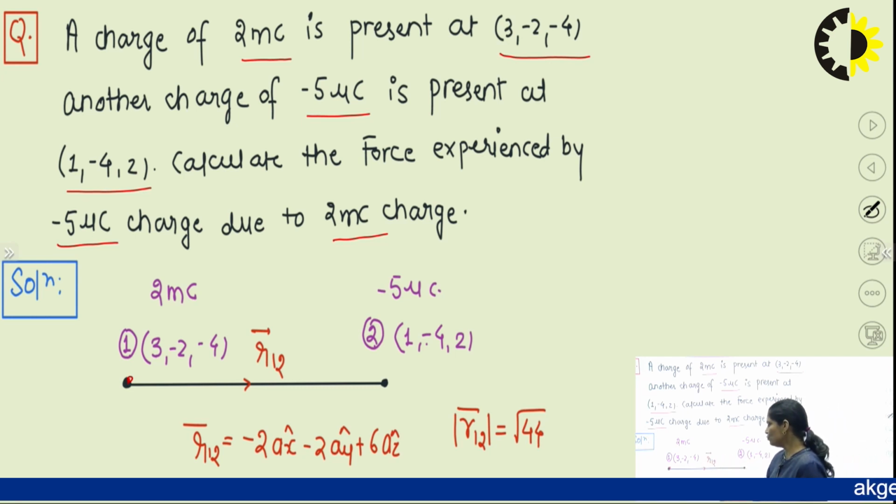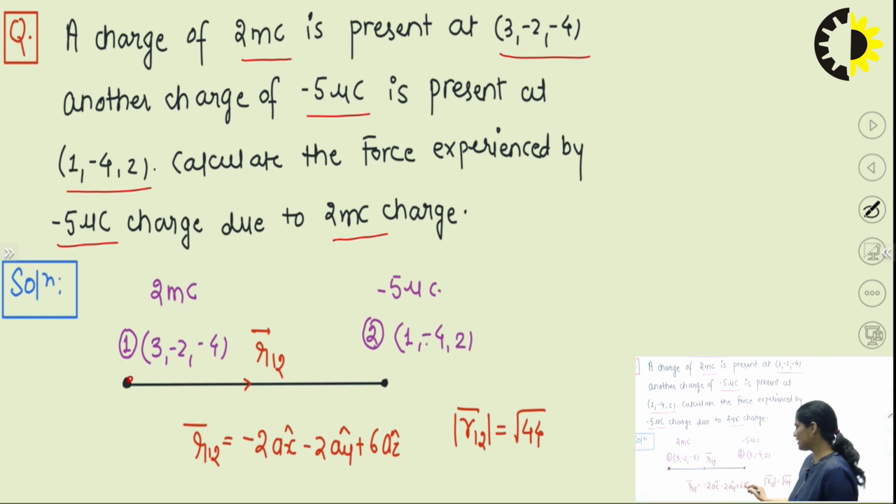So r12 is equal to minus 2 unit vector of x minus 2 unit vector of y plus 6 unit vector of z. If you want to find the magnitude of r12, that is equal to under root of minus 2 square plus minus 2 square plus 6 square, then you will get under root 44. So this is the magnitude of the radius between the two charges.